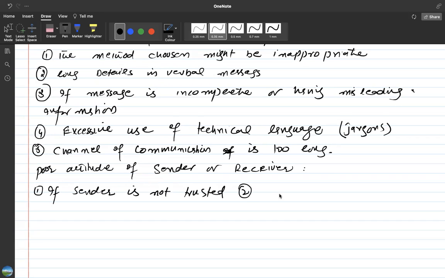Unmotivated workers will become poor receivers. They are unmotivated for some reason, for example they don't have good salaries. They are not good listeners and won't listen to you properly. You are explaining a new company policy and they are not listening at all. How will the communication be delivered?